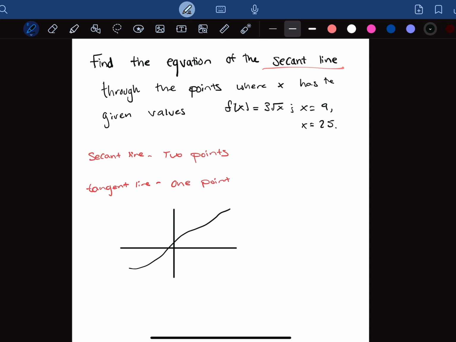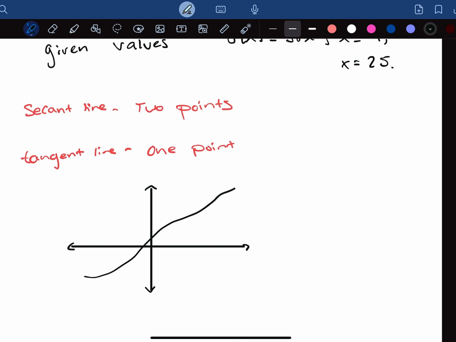If this is the graph we're looking at, and we're looking at a tangent line, we are looking at a rate of change for a line that only has 1 point on our original graph. Because of that, we take a point called f of x, and then an imaginary point that is very, very close to our x value, basically the same thing as our x value, but we say it is h distance away from x.